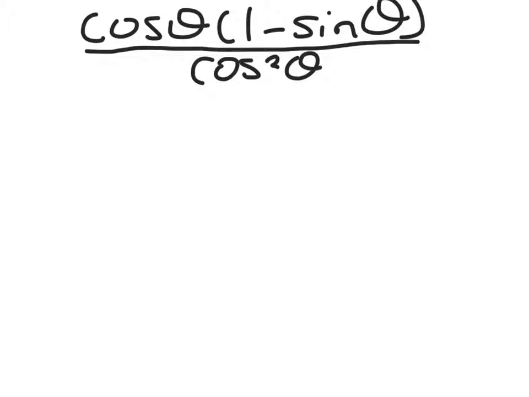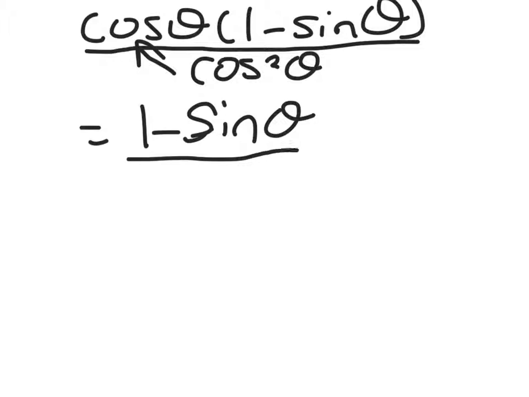And my cos theta can be canceled out by my cos squared theta right here. So we are left with 1 minus sine theta all over cos theta, because the 1 cos theta here cancels out this one.